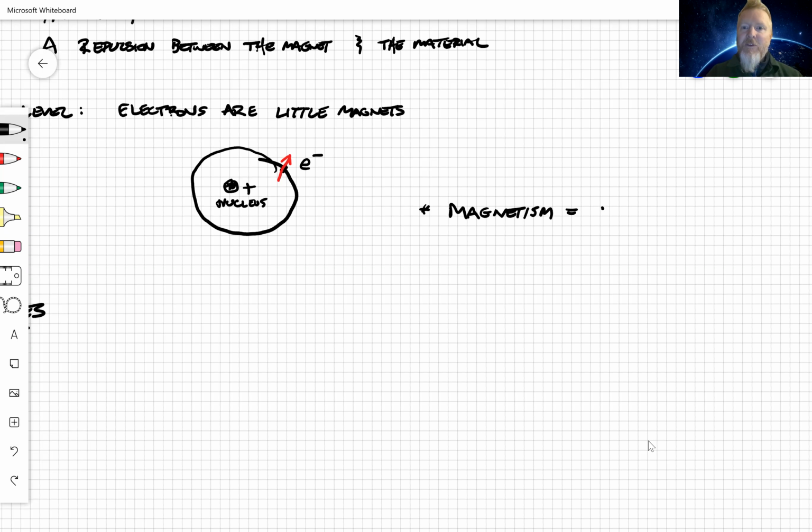Magnetism is essentially electric charge in motion. So if you have an electrical current, you will see a magnetic effect from an electric current.